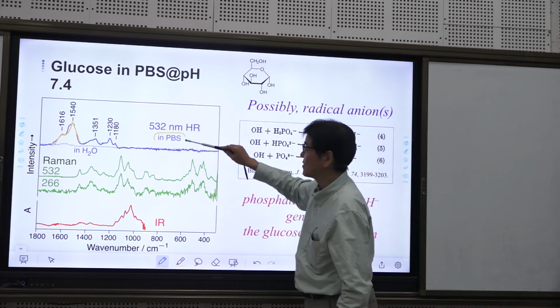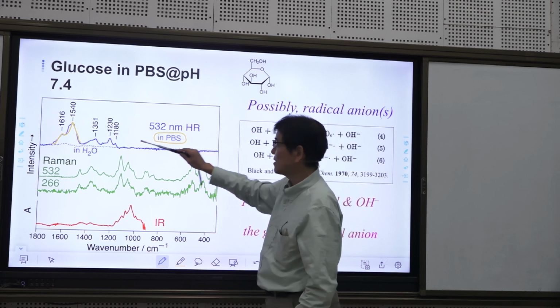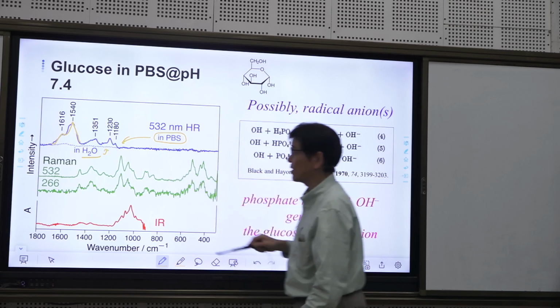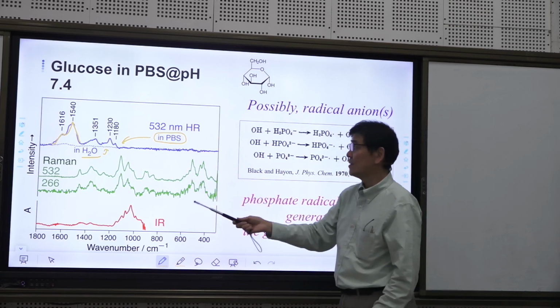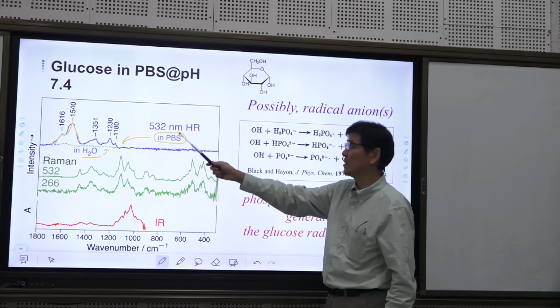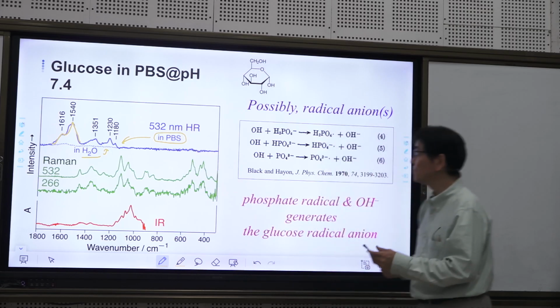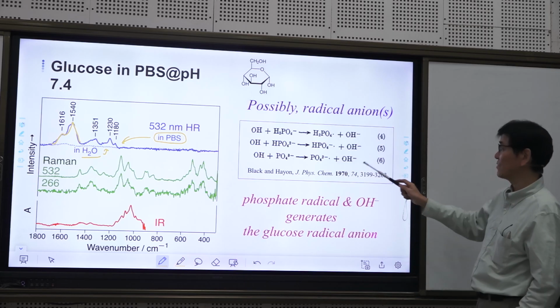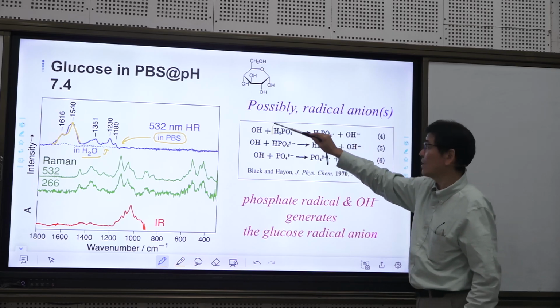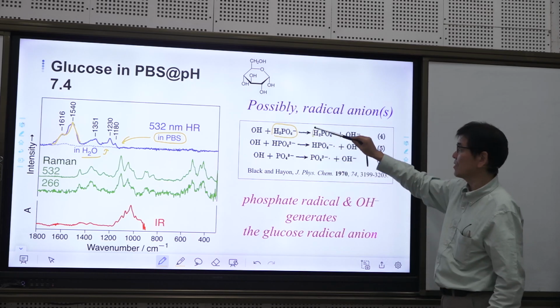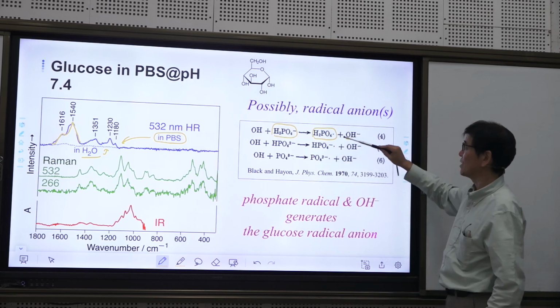In support of this idea, we have the observation that in PBS the signal appears, while in H2O there is no signal. That is, the phosphate buffer should have some role. And I found literature: phosphate ion captures a radical and it becomes phosphate radical and OH minus.